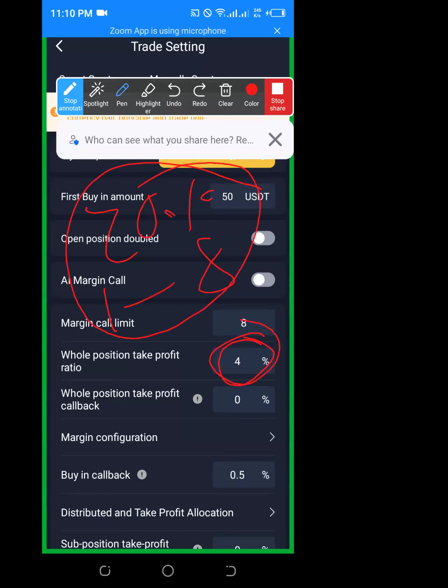Now, some people are not making money from the sub positions or sub sales because of this whole warehouse mode. Okay? This one is for people who want to say that for me, I want the robot to close all the assets and give me 4%.